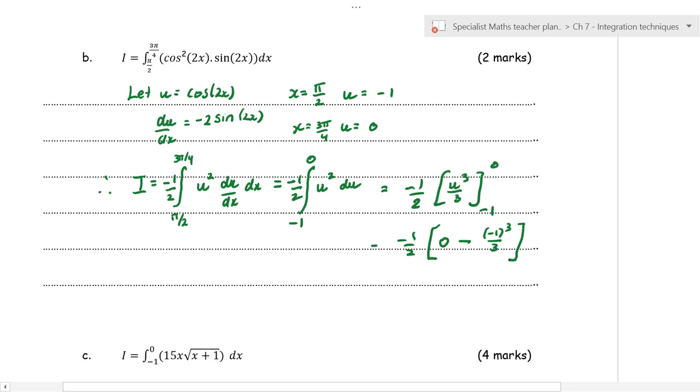Now, -1 cubed is negative, but there's a negative in front of it, so it's going to be positive 1/3, and then times negative a half, which is negative 1/6. And that, ladies and gentlemen, is your answer.